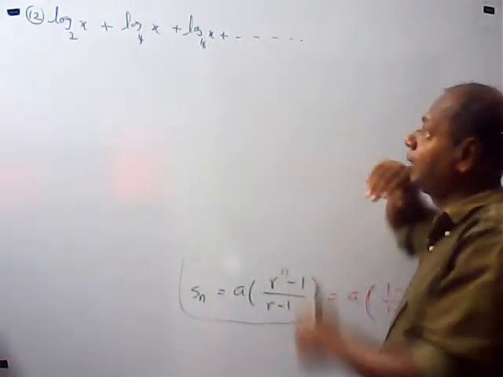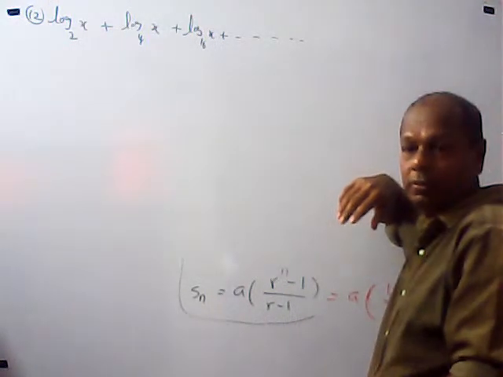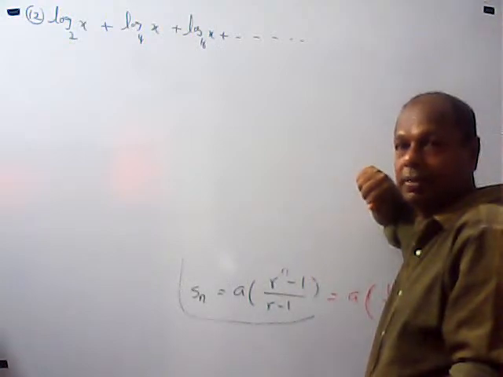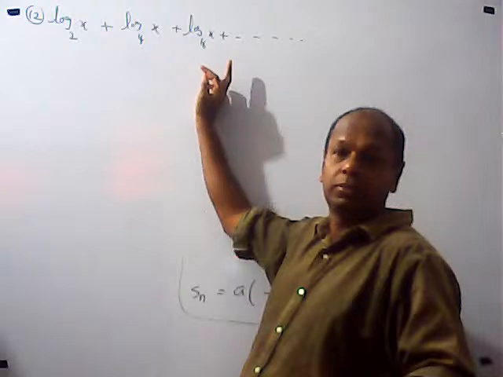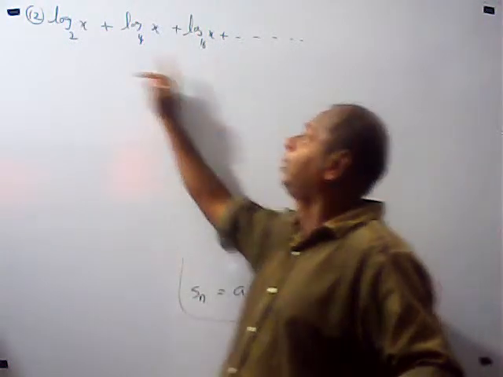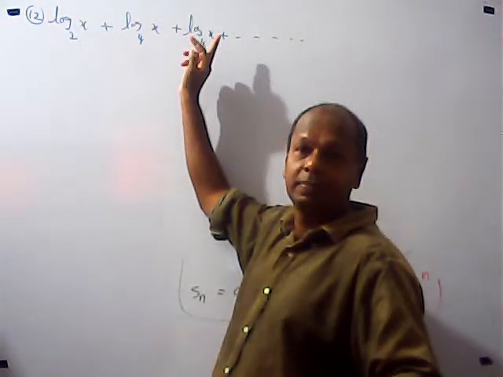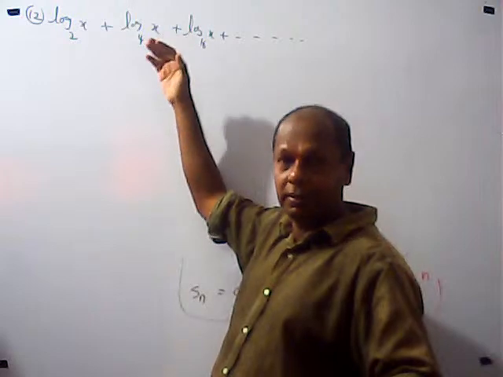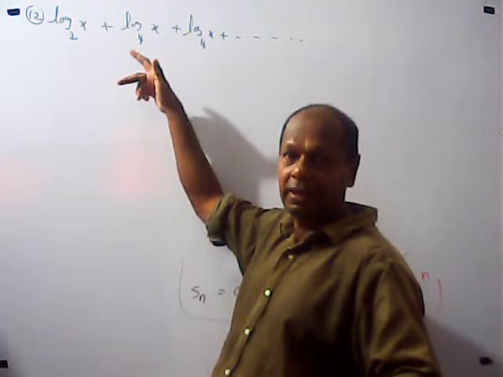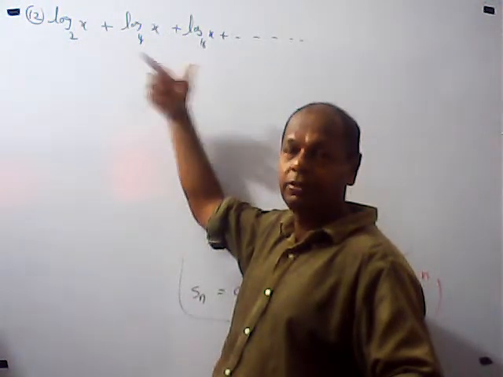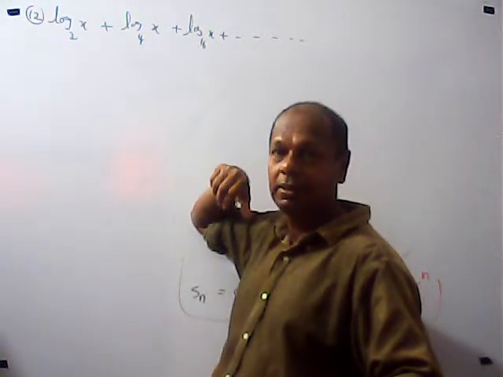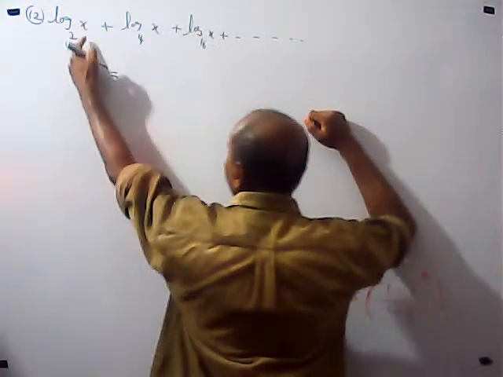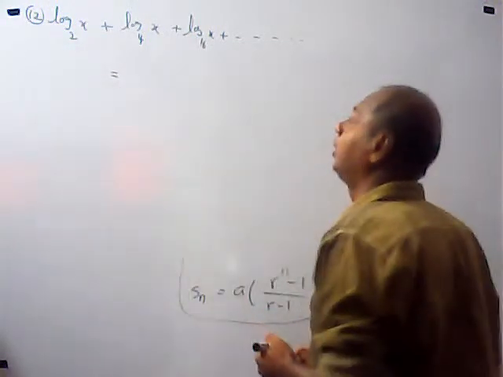So to compare the terms, you need them with the same base. The base has to be common. So 2, 4, 16, you can make them common. But here x, x, x, you can take them to base x and then try to see if you can get them with the common term.